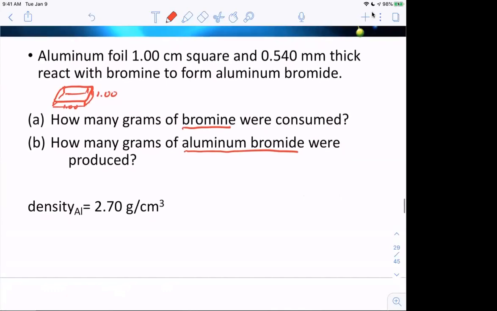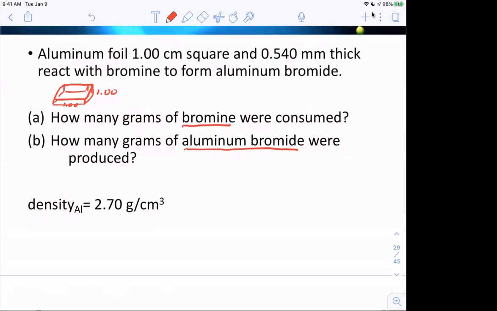So what I'm going to do is I'm going to say aluminum, which is a solid metal, plus Br2, which is a liquid, goes to, what is the formula for aluminum bromide? Aluminum is a +3 ion, bromide is a -1 ion. So my formula is AlBr3, all ionic solids are solids.